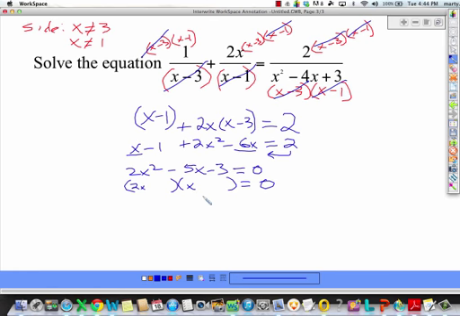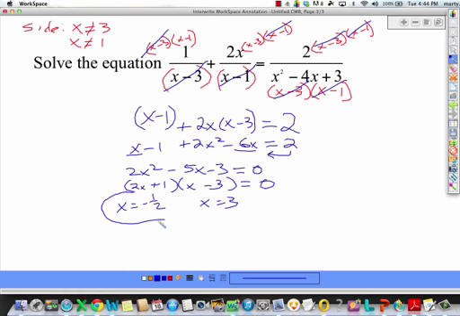I've got negative 3, so one's plus and one's minus, and I've got a negative 5. It looks like if I put a minus 3 here and a positive 1 here, we might work out. 2x squared minus 6x plus 1x gives me my negative 5. 1 times negative 3 is negative 3. Finishing it off here, for this one x equals negative 1/2, and this one x equals 3.